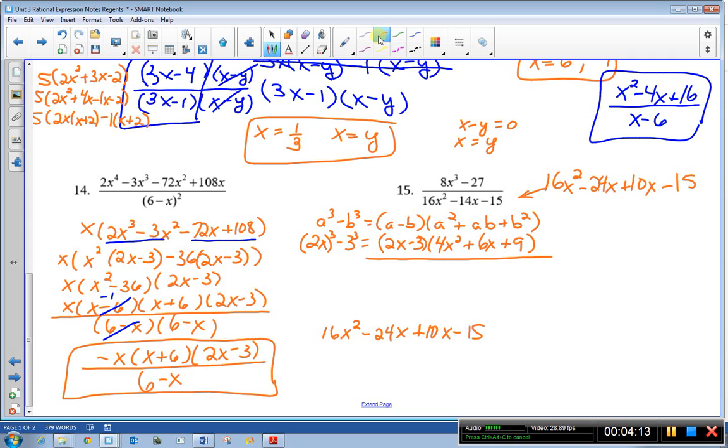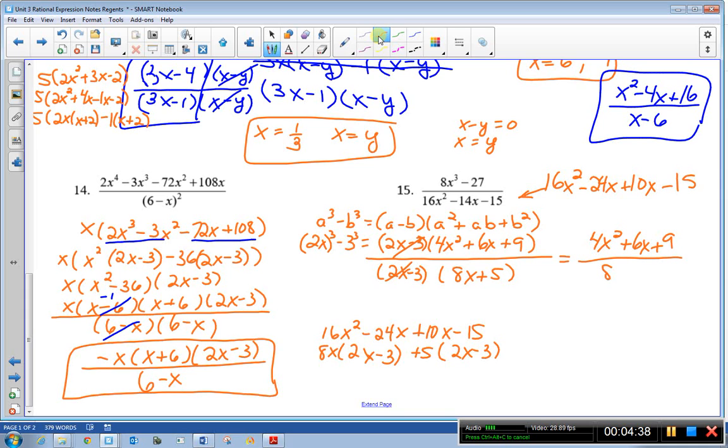Take out an 8x from the first one, and you're left with 2x minus 3. Take out a 5, and you're left with 2x minus 3. So my factors are 2x minus 3 and 8x plus 5. So when I cross those out, I am left with 4x squared plus 6x plus 9 over 8x plus 5.